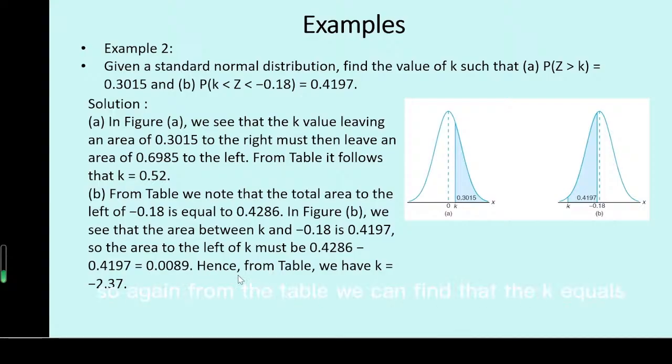Again, from the table, we can find that k equals minus 2.37. You can see in the standard normal distribution, when the value is minus 2.37, its cumulative probability is very, very little, close to 0.